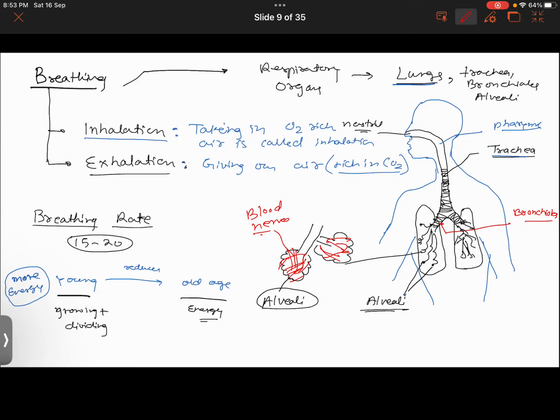So look here, lungs, then this is the trachea, then this region is the pharynx, and then you have bronchioles, and the end portion of the bronchioles looks like bulb-like structures. That is called alveoli. These are the organs involved in the respiratory system.